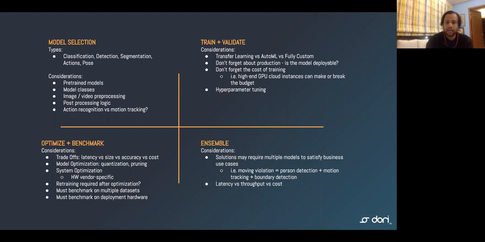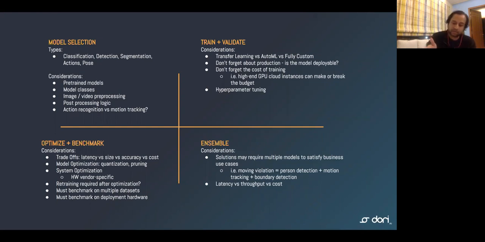And then finally, when you're looking at a solution, even before you start to build out your model, definitely look at how you can break that use case down into multiple models. For example, if you're just trying to look at a moving violation of a person, there may be a number of different models that you need to employ.